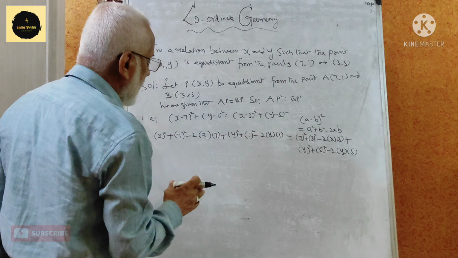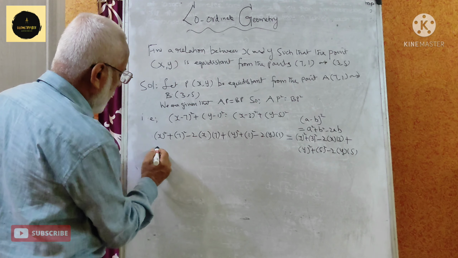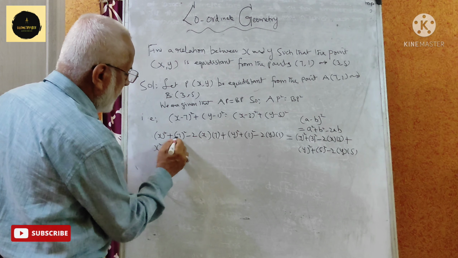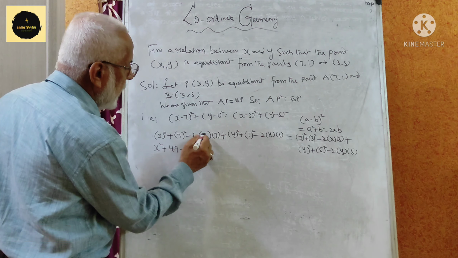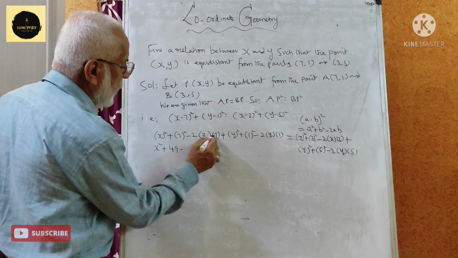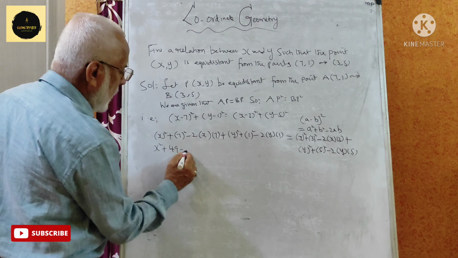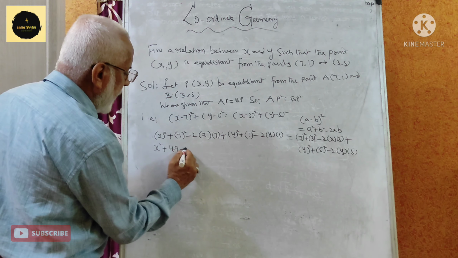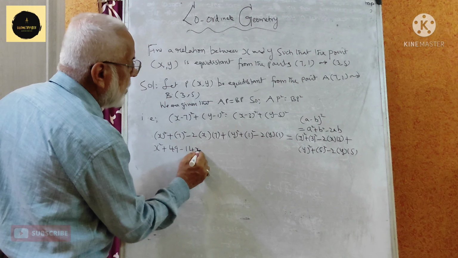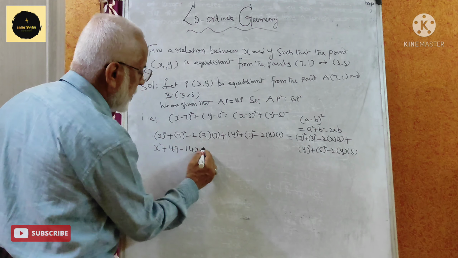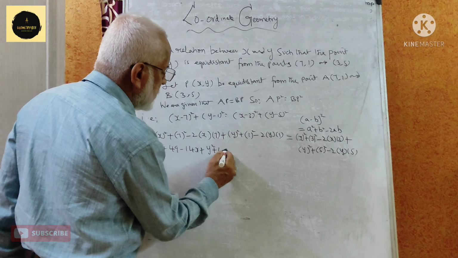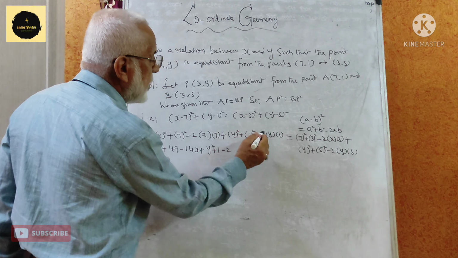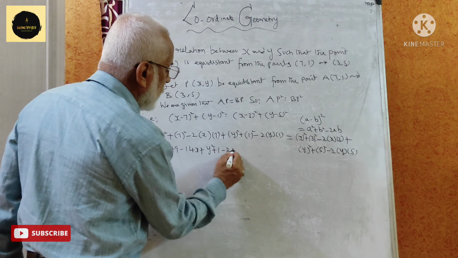So what you are observing in the left hand side? x whole square means it is x square. 7 7s are 49. Multiply 2 into a into b: 2 into 7 is 14, 14 into x, it is minus 14x, plus y square plus 1, minus 2 into y into 1, which is 2y.